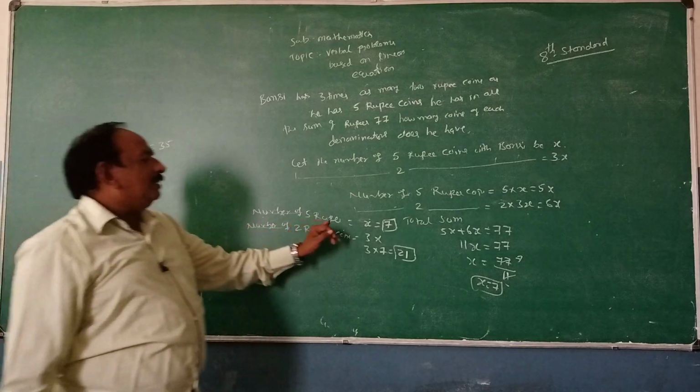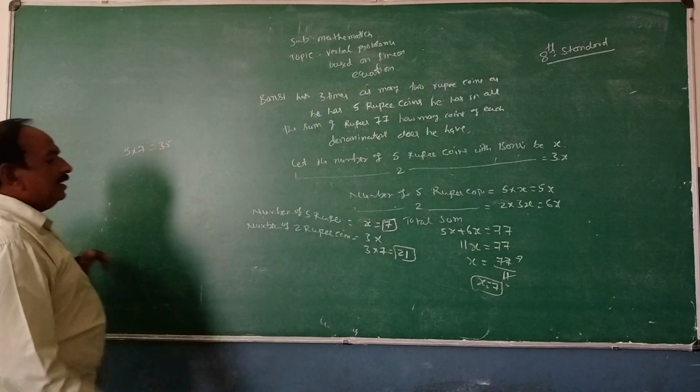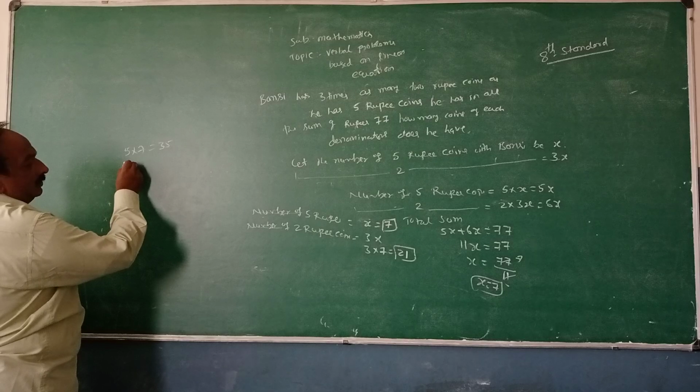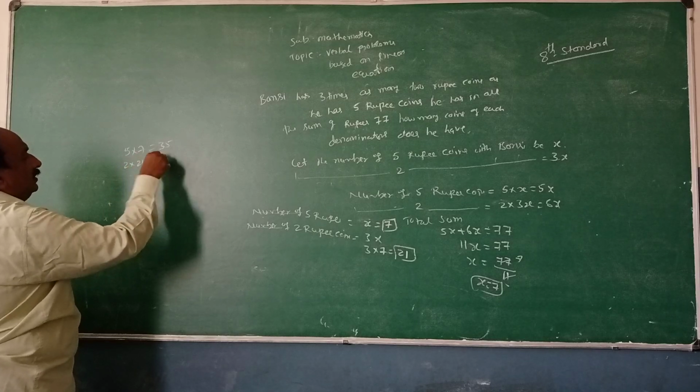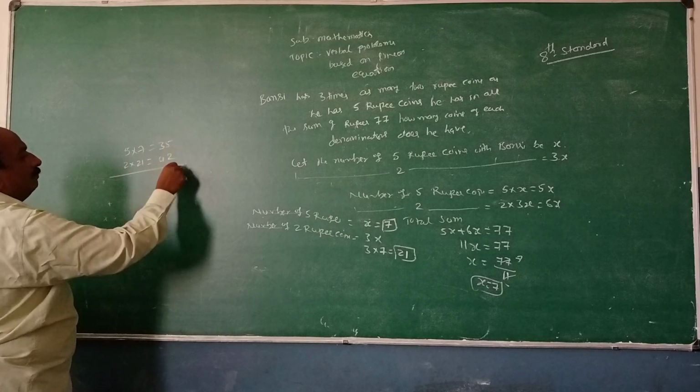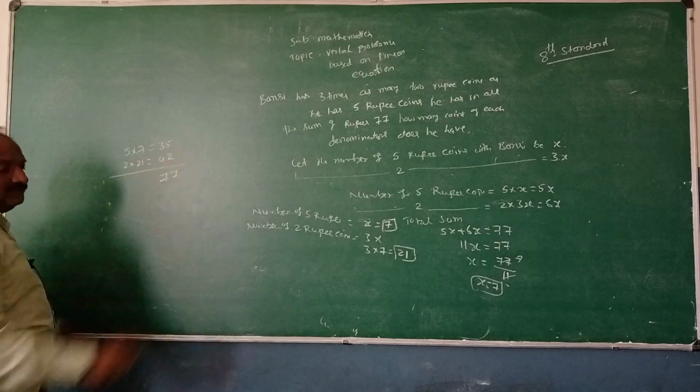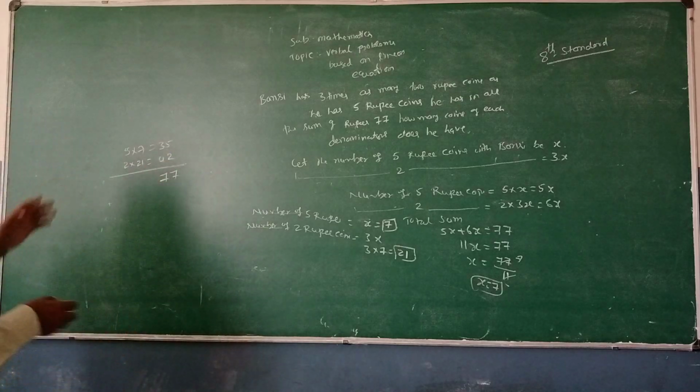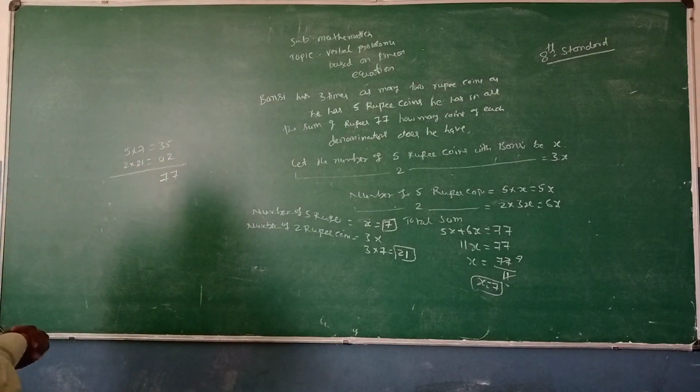The 5 rupee coins with Bansi is 7. And the 2 rupee coins, 2 into 21, 21 2s are 42. 35 plus 42 is 77. So our answer is correct. Like this we have to verify ourselves.